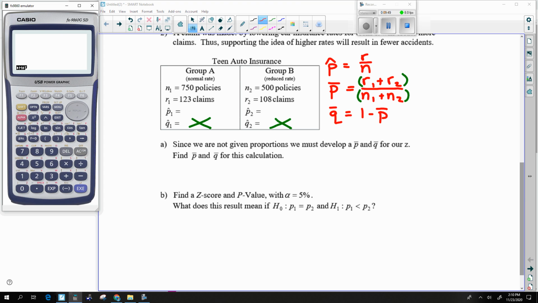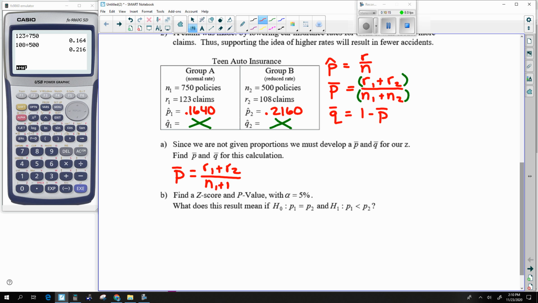P hats are R divided by N, so R divided by N. First question is asking to find P bar and Q bar. So P bar again is R1 plus R2 divided by N1 plus N2.